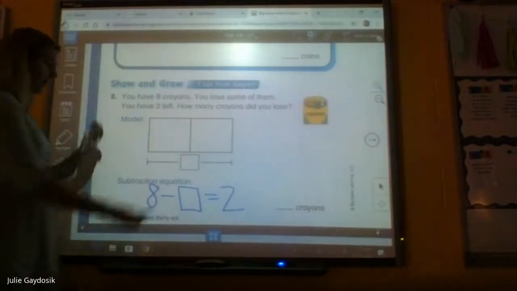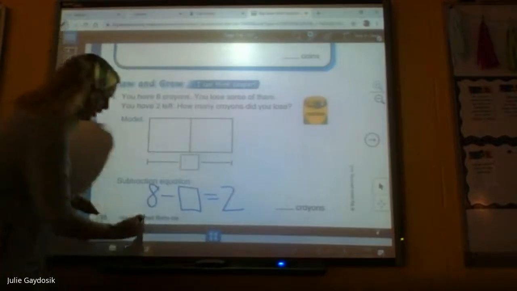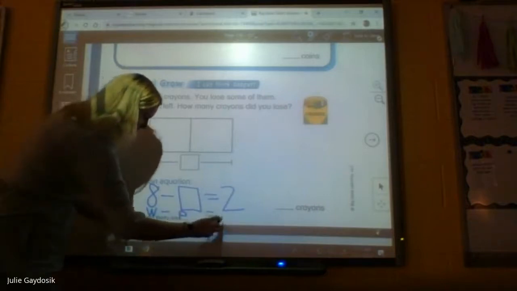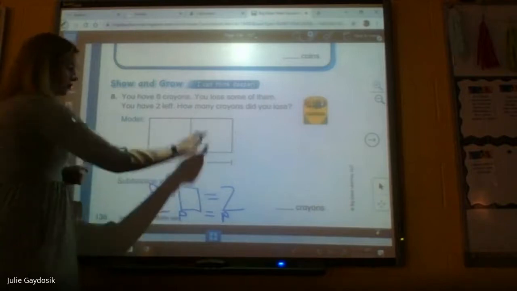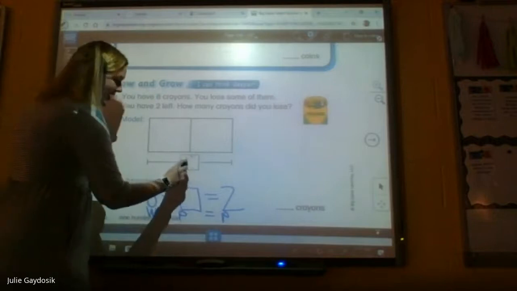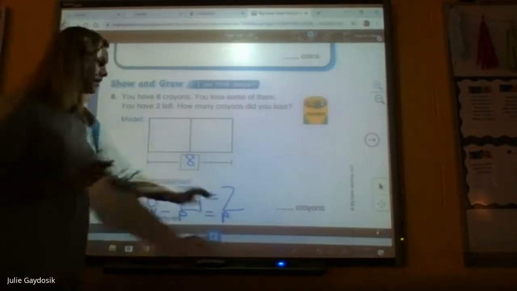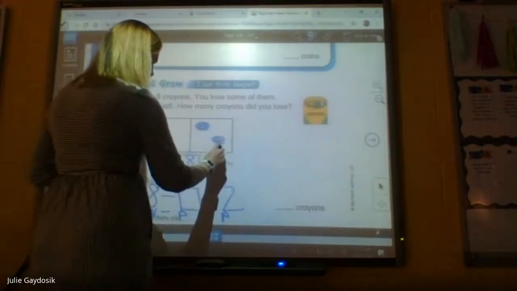Now, this is a blank part whole chart. Your whole, don't forget, whole minus part equals part. This is your whole number because it's the whole total number of these two parts added together. So 8 goes here. Your part, you know, one part, right, is 2.